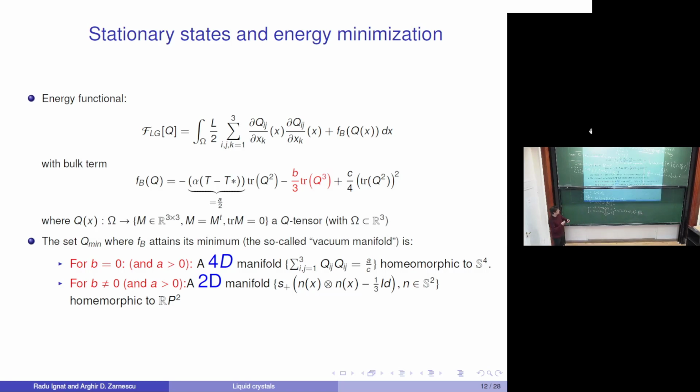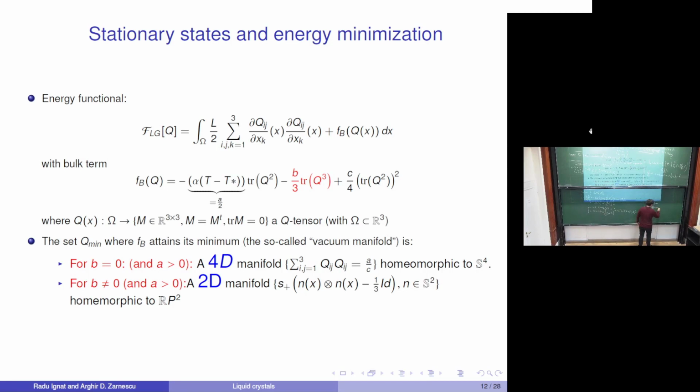So this is just a calculation showing that two of the eigenvalues have to be equal, and then you can get to that uniaxial form. In general, you can write the matrix something like this.